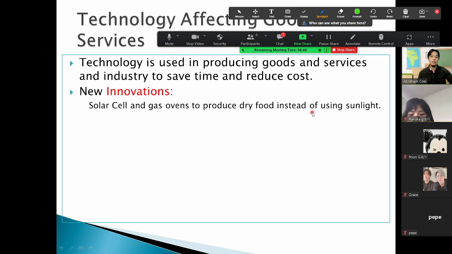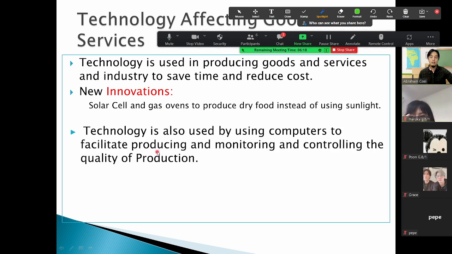Drying food under the sunlight takes longer, and sometimes sunlight is unavailable. But if we have solar cells that store power, and gas ovens, it would be more effective.